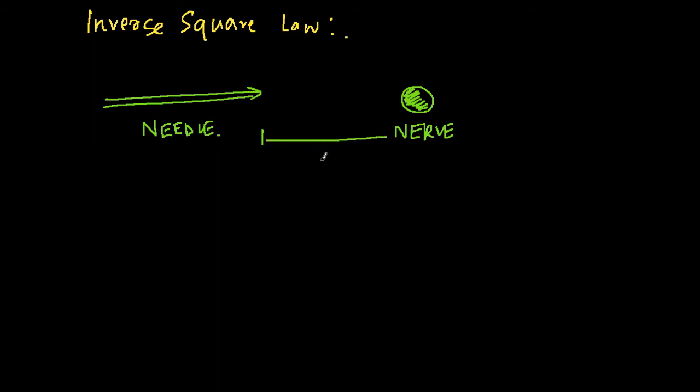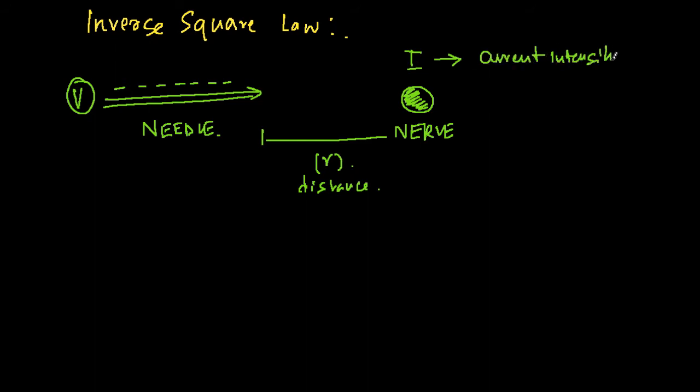Let's assume the distance between the stimulating needle and the nerve is represented by R. If a given voltage V is applied across the needle, then the current intensity produced at the nerve, which is responsible for stimulation of the nerve, is inversely proportional to the distance between the nerve and the needle.